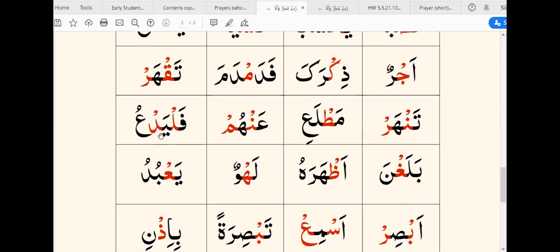Remember you're joining letter Ya with letter Dal. Yad. Fal Yad. MashaAllah. Very well read.